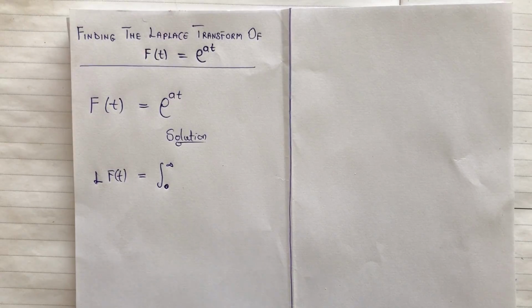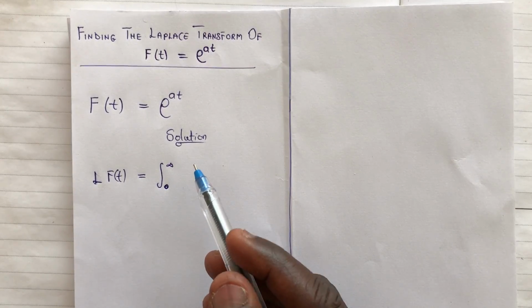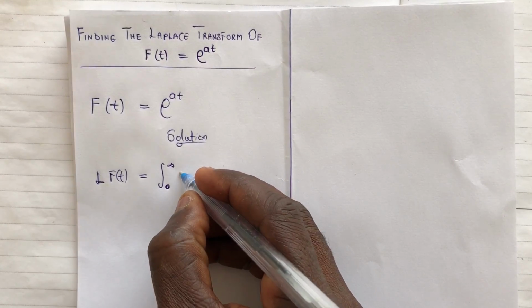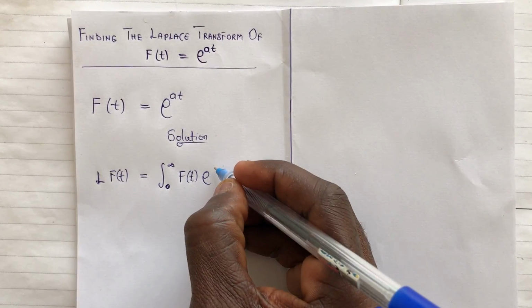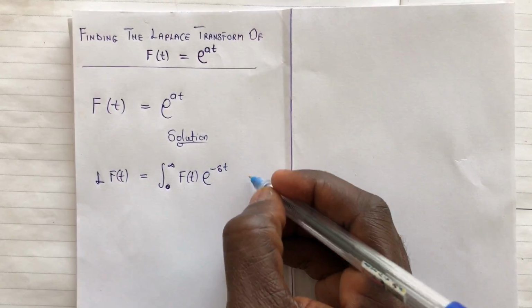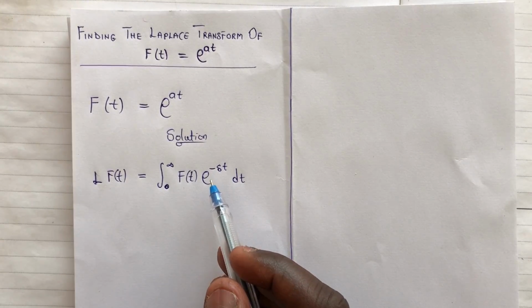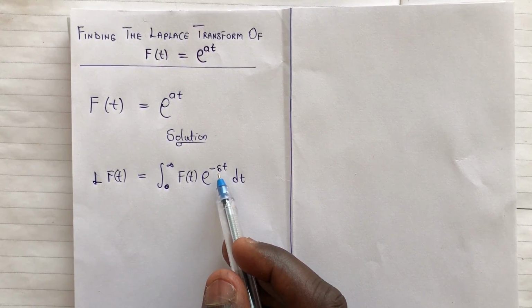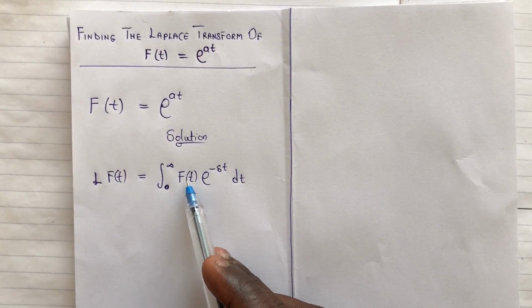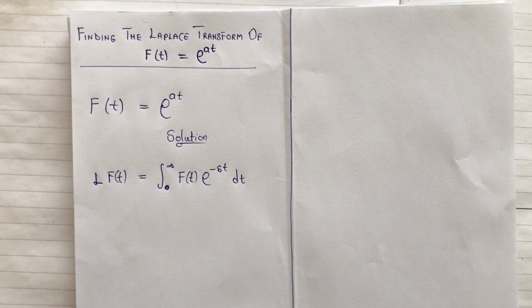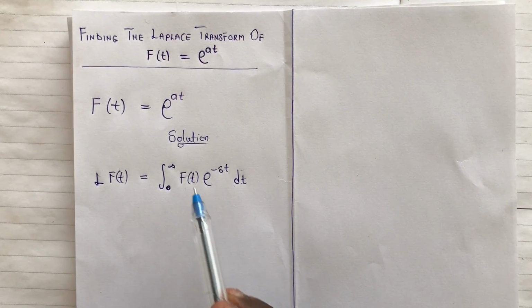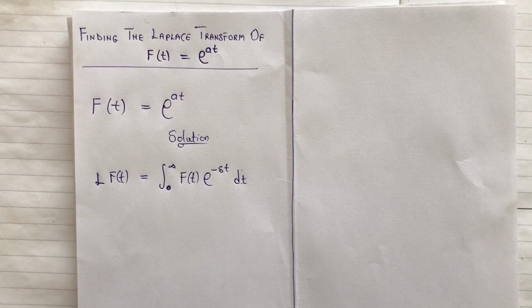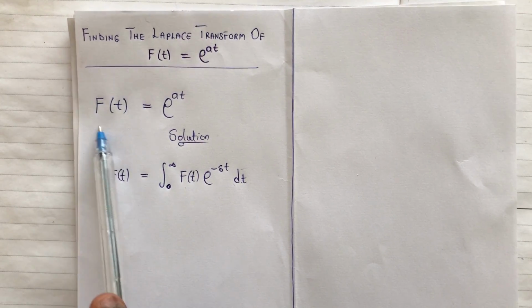The real values 0 up to infinity are values for t, and it is found by taking the product of f of t and e to the power negative st dt, where s here is a constant, a complex number large enough to drive the product towards 0 when t approaches infinity. And t here is a real number that is greater than or equal to 0.